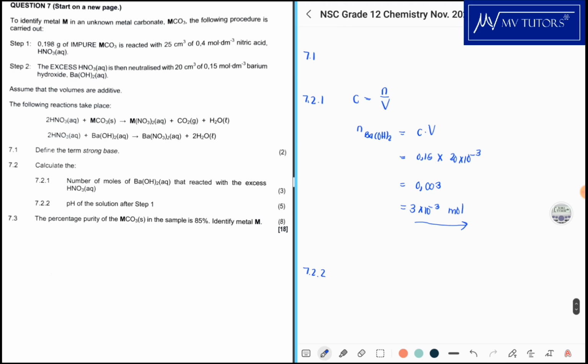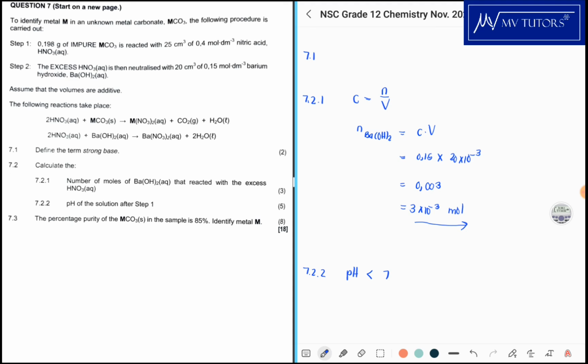Since we have excess nitric acid, I'm expecting the pH to be less than 7, acidic.